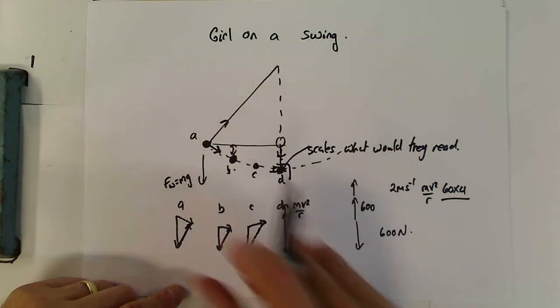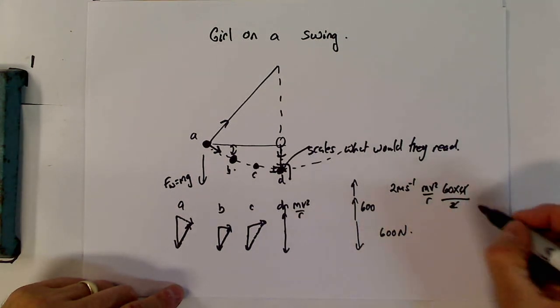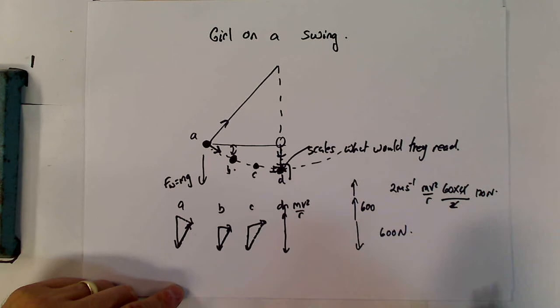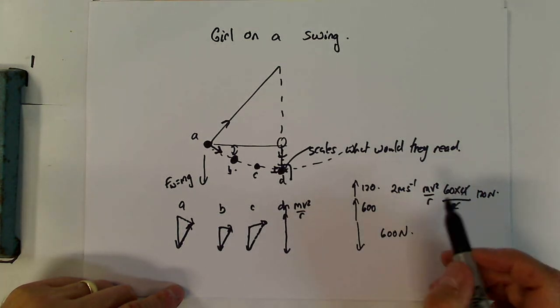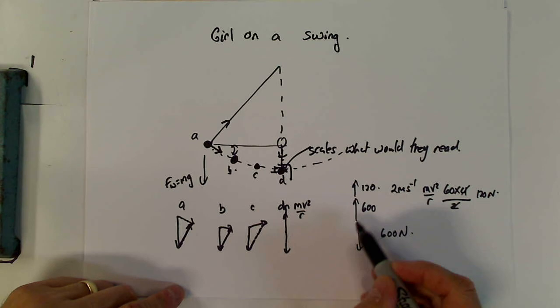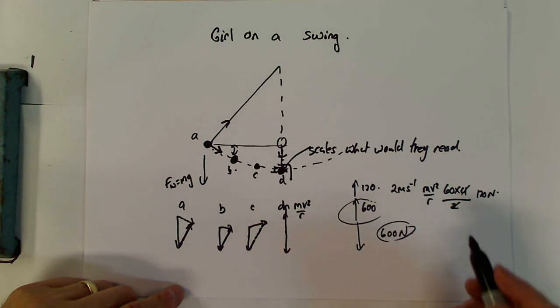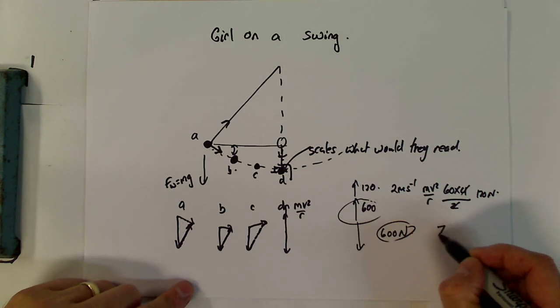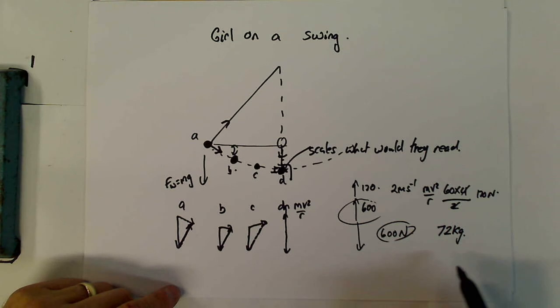If the radius was, I don't know, 2 meters, then we end up needing 120 newtons. So now we need 720 newtons of tension for this situation. 600 newtons just to balance out the weight force, and an extra 120. So the scales would read 72 kgs. And that's what I wanted to show you.